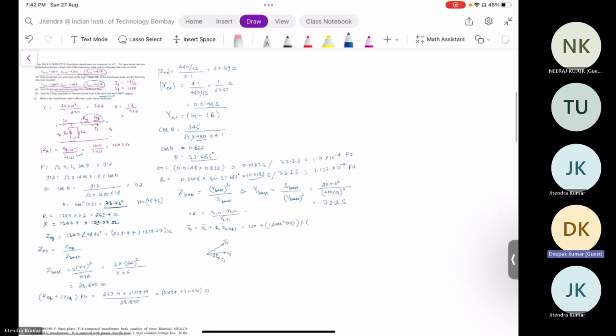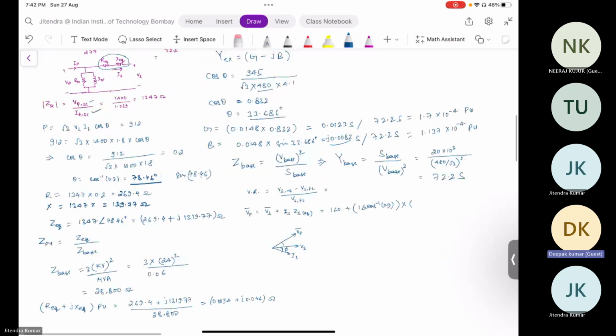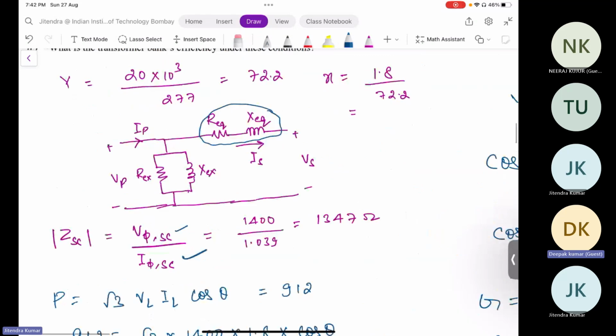Sir, is this equivalent circuit of the primary side? This equivalent circuit is for overall a phase of a transformer, right? Both sides are incorporated in this equivalent circuit.